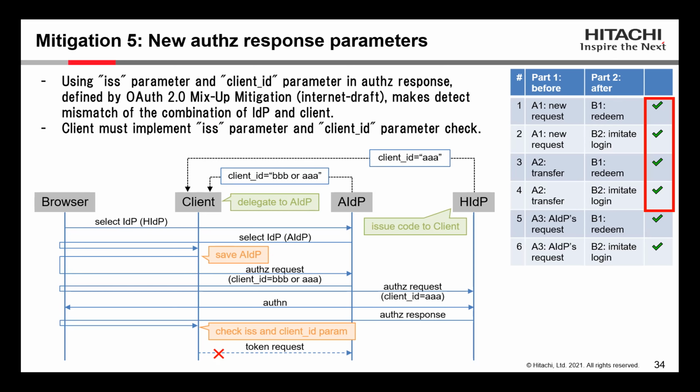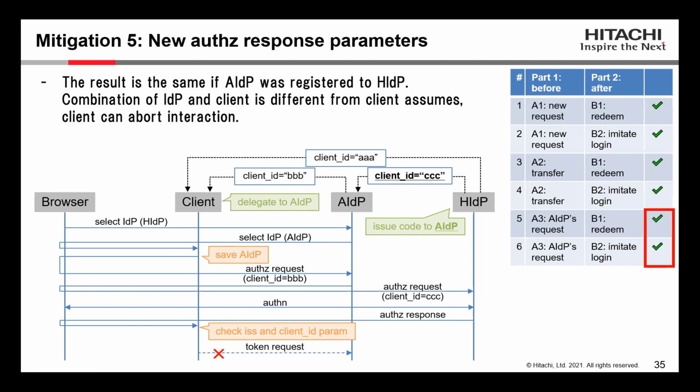But if the client does not save AIDP, then maybe the client ID parameter needs to be checked. That could help if the client doesn't store the issuer in some situations.